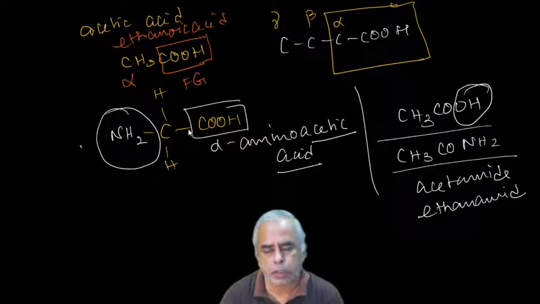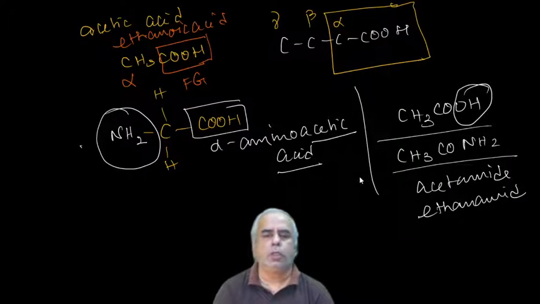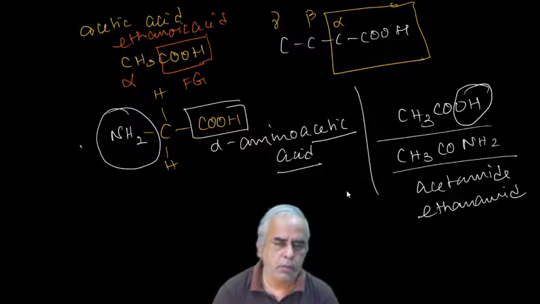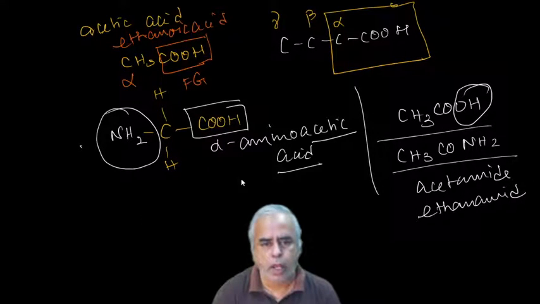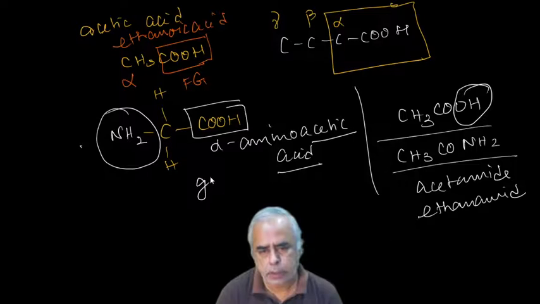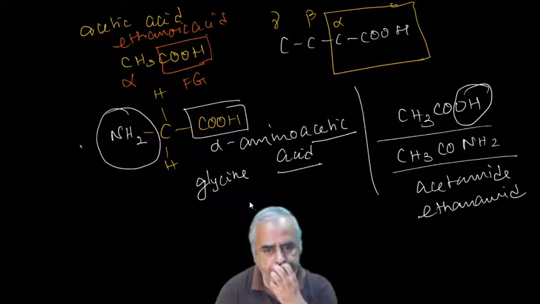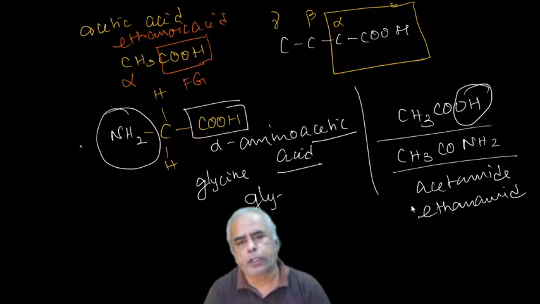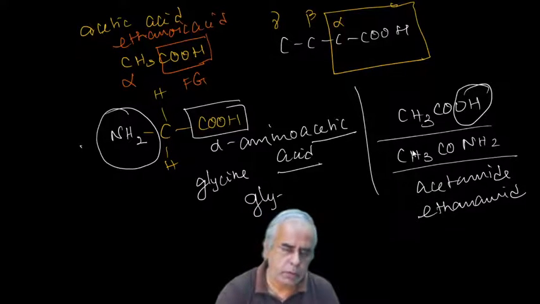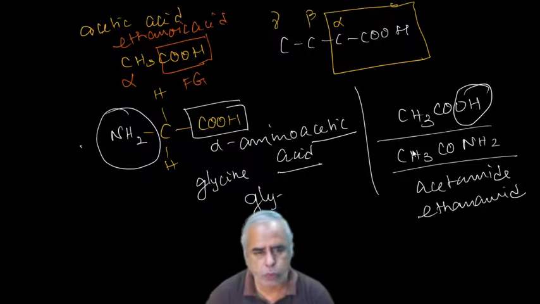Alpha substituted. So it's called alpha amino acetic acid. Do you understand? This is also known as glycine, and its pet name can be gly simply. Okay, you can call it gly, right? So please make a note of it.